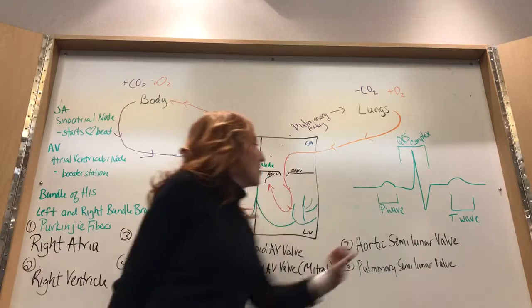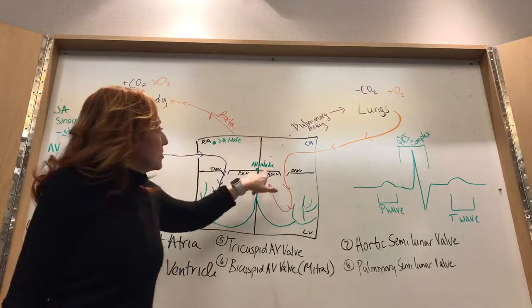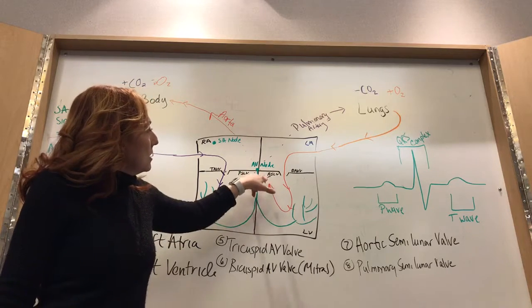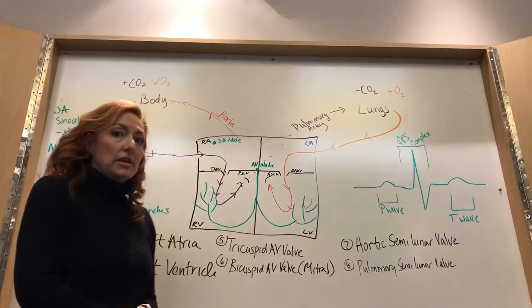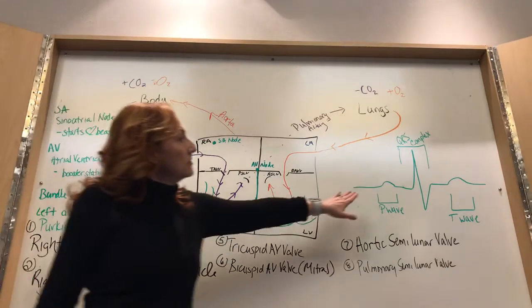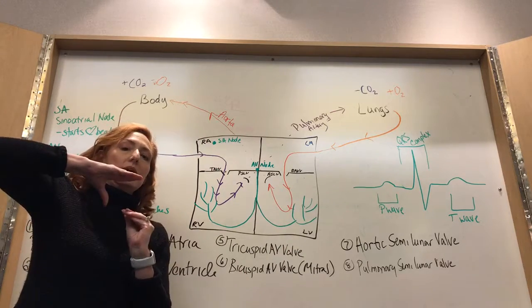The T wave occurs when the pressure in the arteries is greater than in the ventricles. These semilunar valves close, and the electrical activity in the heart resets. P, QRS, T.